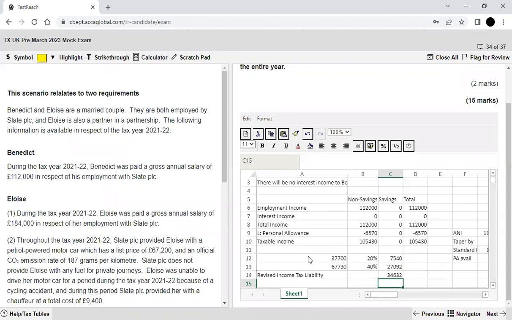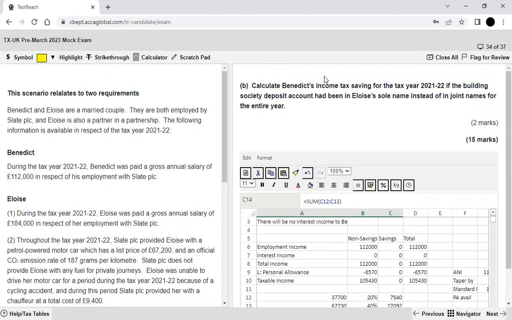Of this, am I supposed to calculate the revised tax liability or something else? Let's look into the requirement: calculate Benedict's income tax savings.